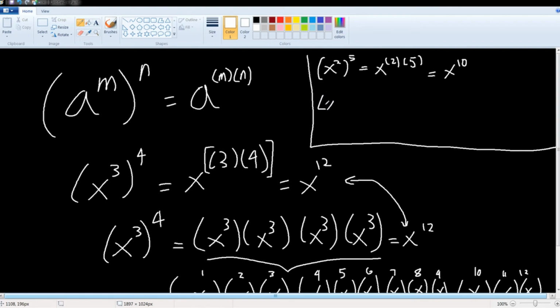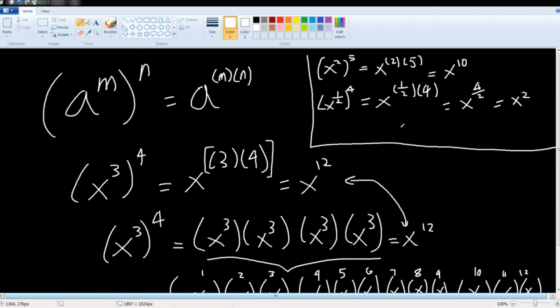Let's say we have x to the 1/2 to the 4th. So that would be the same thing as x to the 1/2 multiplied by 4, which is just x to the 4 over 2, which is just saying x squared.